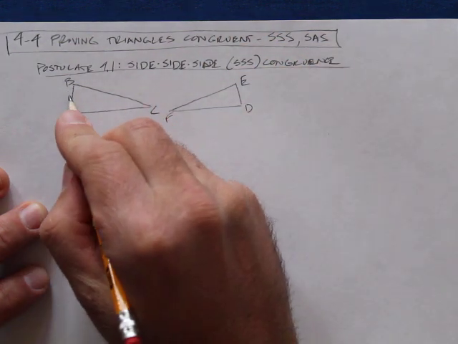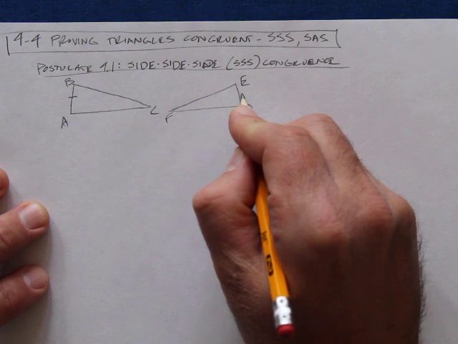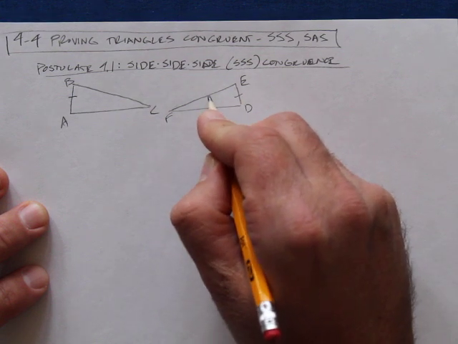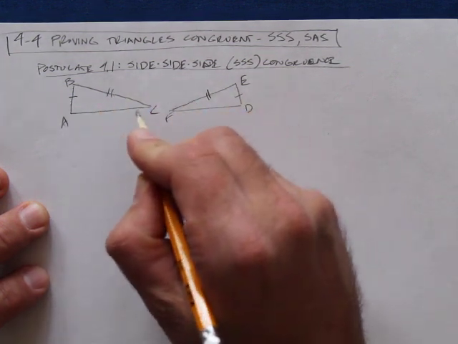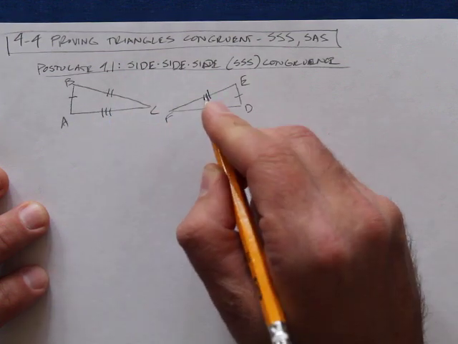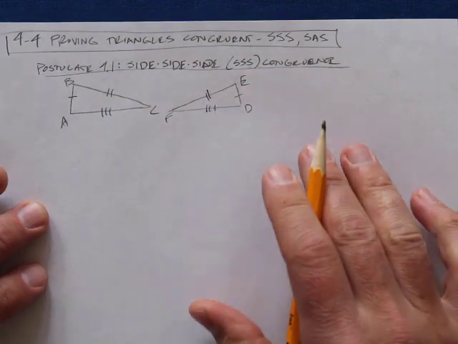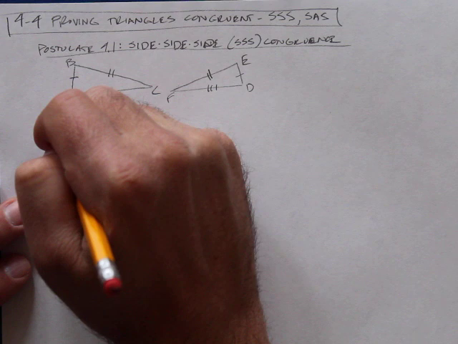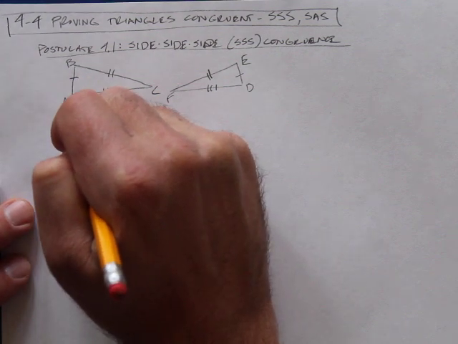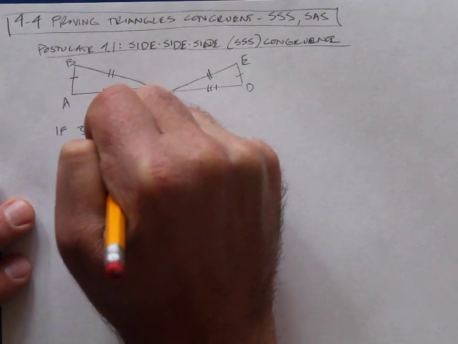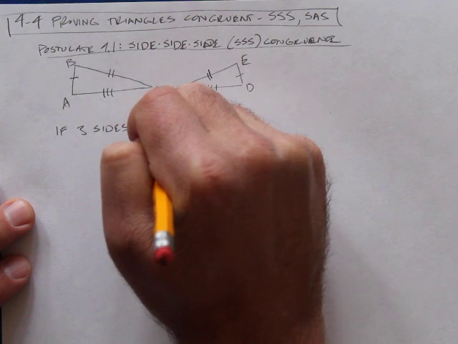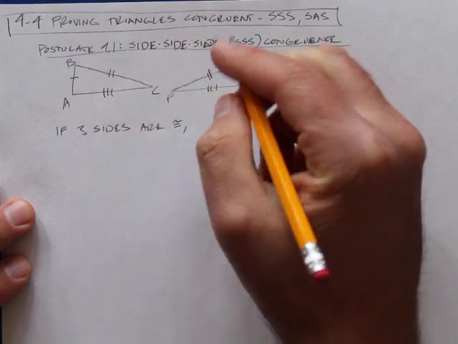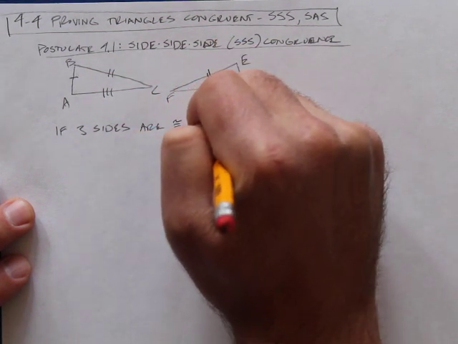If I have AB congruent to DE and EF congruent to BC and CA congruent to FD, if the three sides are congruent, then the triangles are congruent.